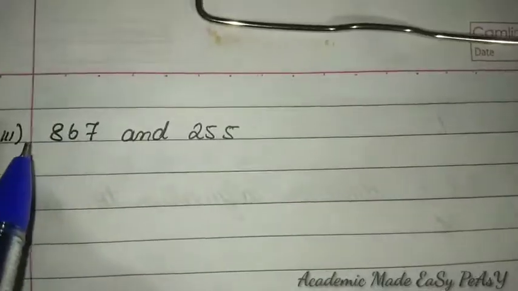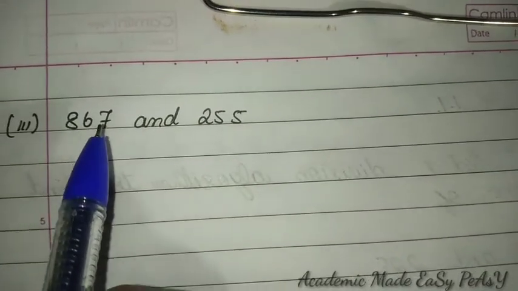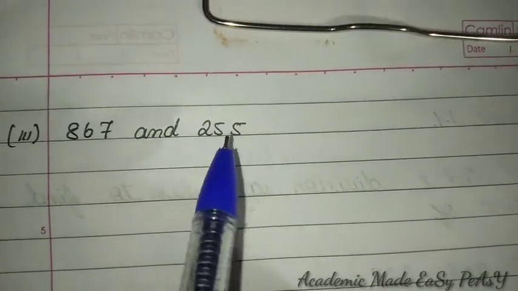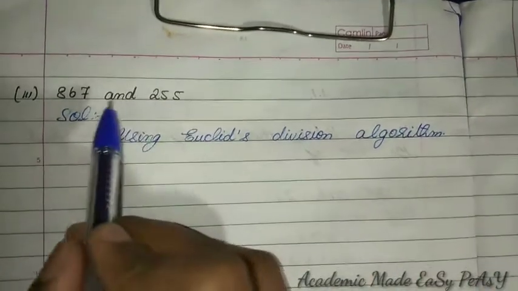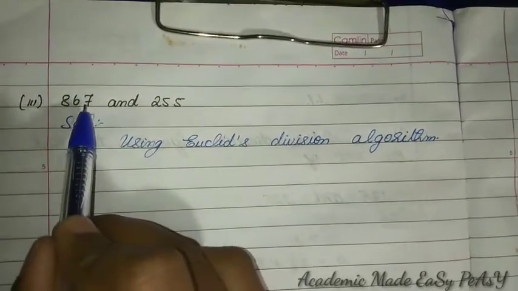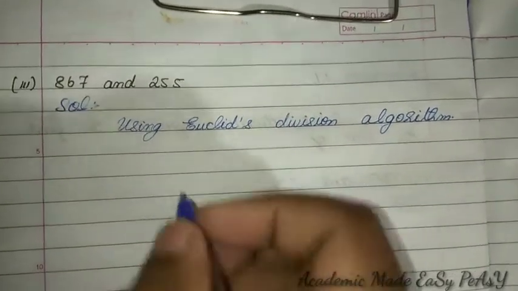Okay. Subdivision 3, 867 and 255. Using Euclid's division algorithm, I'm going to find the HCF of 867 and 255.